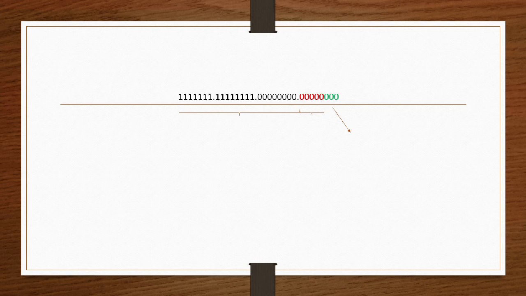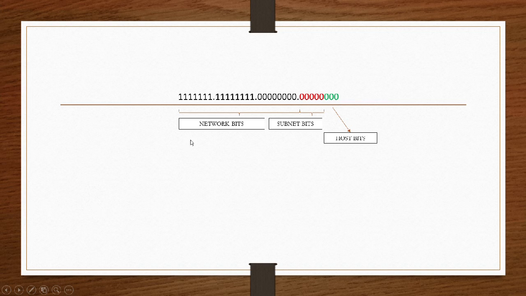we need to identify which part it belongs to. As you can see, the first bit, second bit, and third bit are the network bits, and the last bit, the fourth bit, has subnet bits and host bits.